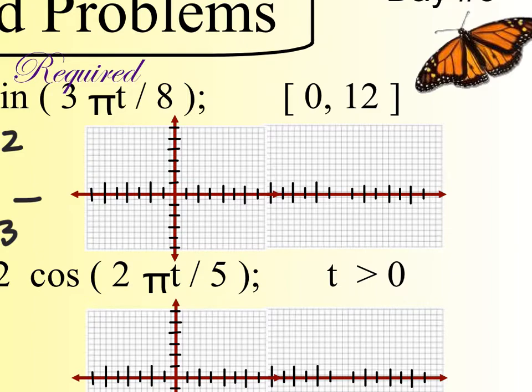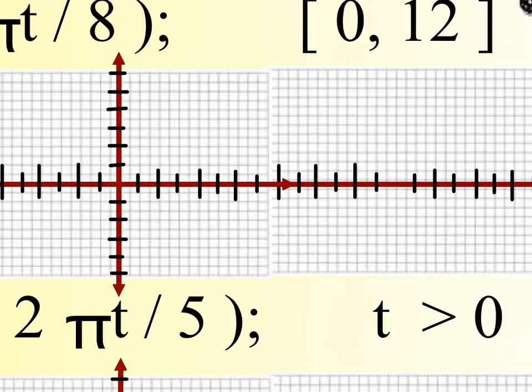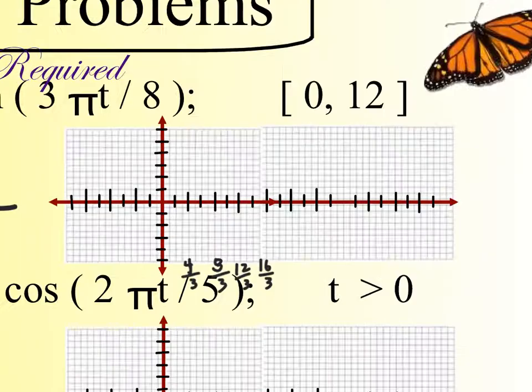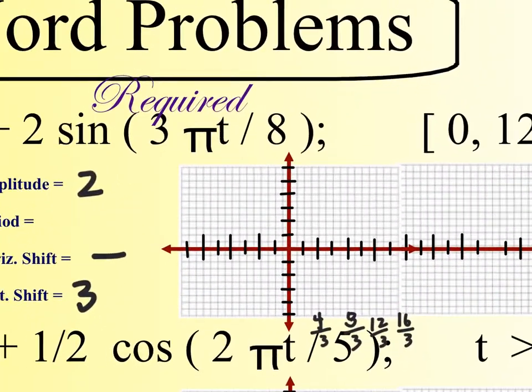So let's do this like this. Here's 16 thirds. Half of that would be 8 thirds. Half of that would be 4 thirds. So that's 4 thirds, 8 thirds, 12 thirds. Okay, now let's look at our vertical shift for a moment. Got a vertical shift up 3.